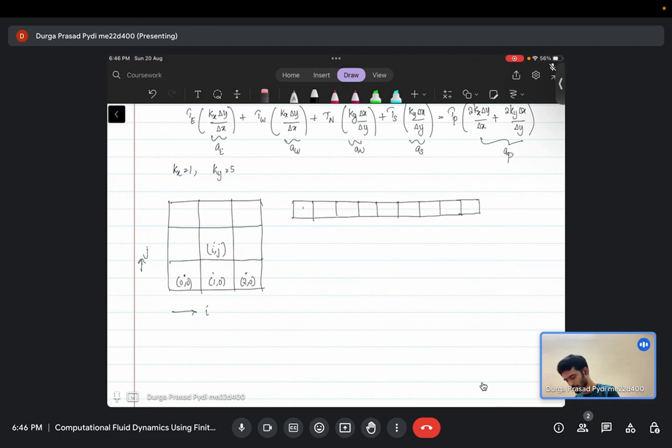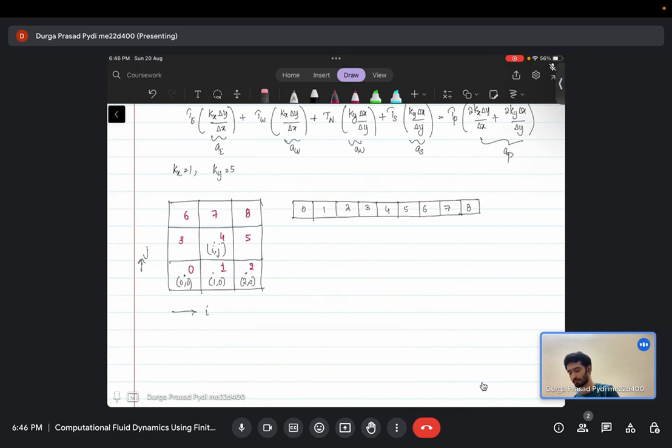So this is my 0 1 2 3 4 5 6. All the 9 cells over here, how am I arranging them? I'll use a different color. This is my 0, this is my 1, this is my 2, and once I reach the end value, I'll go over here: 3, 4, 5, 6, 7, 8.